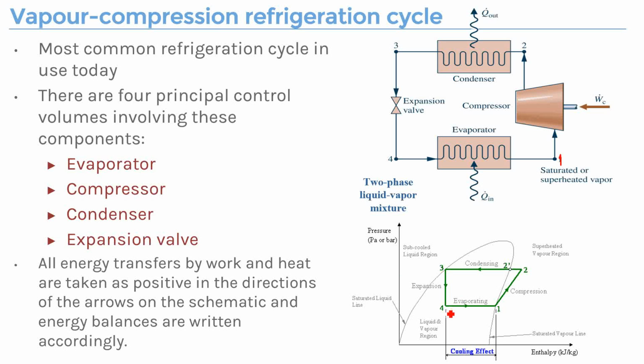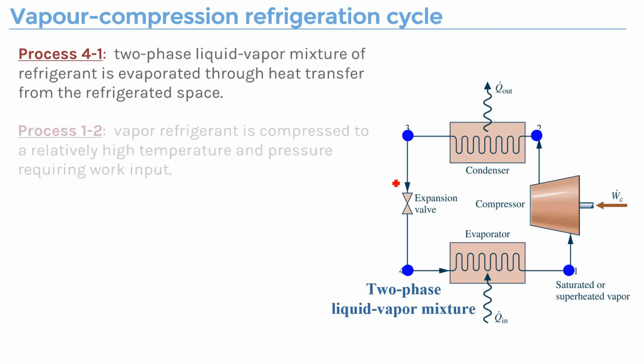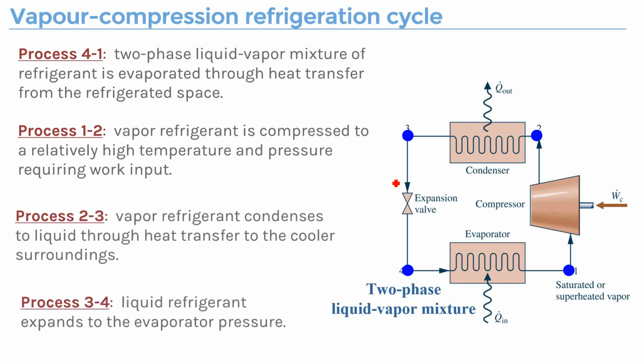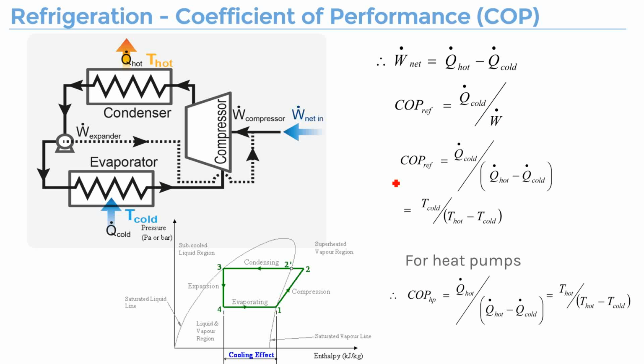You can find Q dot by looking at the enthalpy difference, delta H. The evaporator is absorbing heat, taking away heat from the space you want to refrigerate.